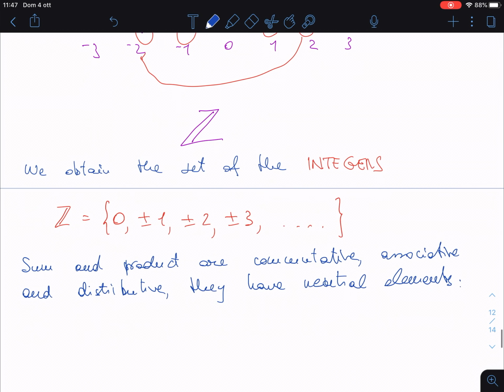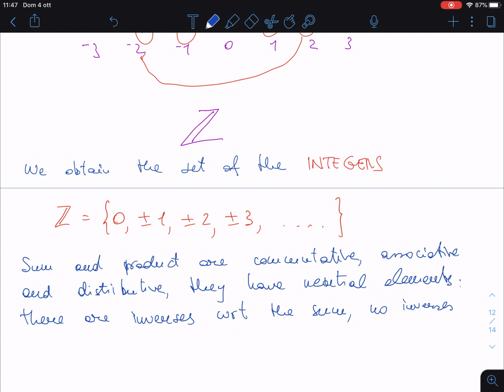And then there are inverses with respect to the sum. Every n has a -n, and there are no inverses with respect to the product, except for the case of the number 1.